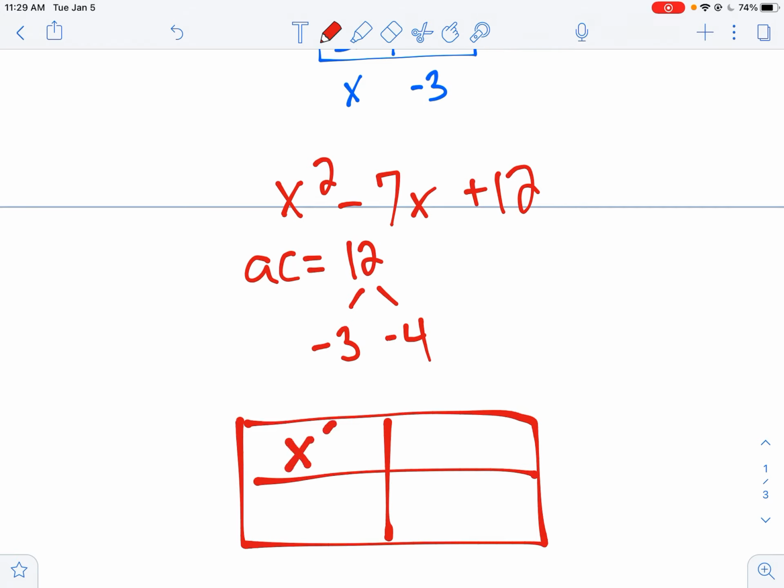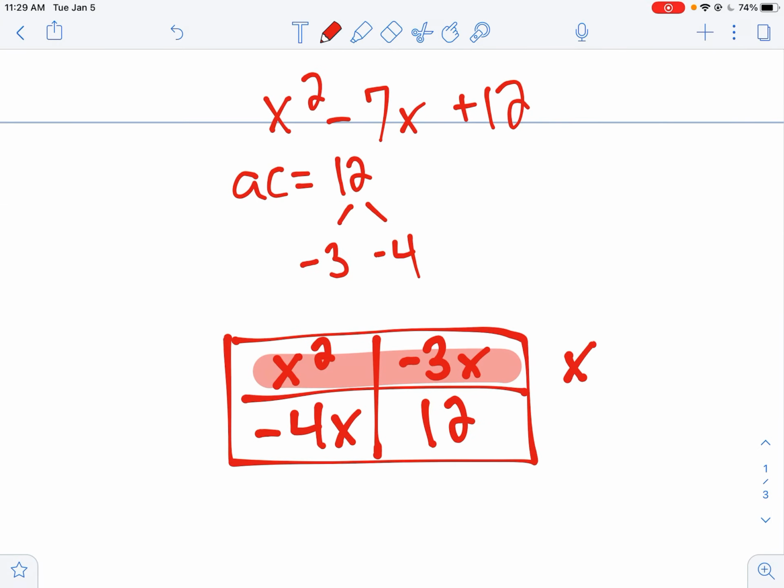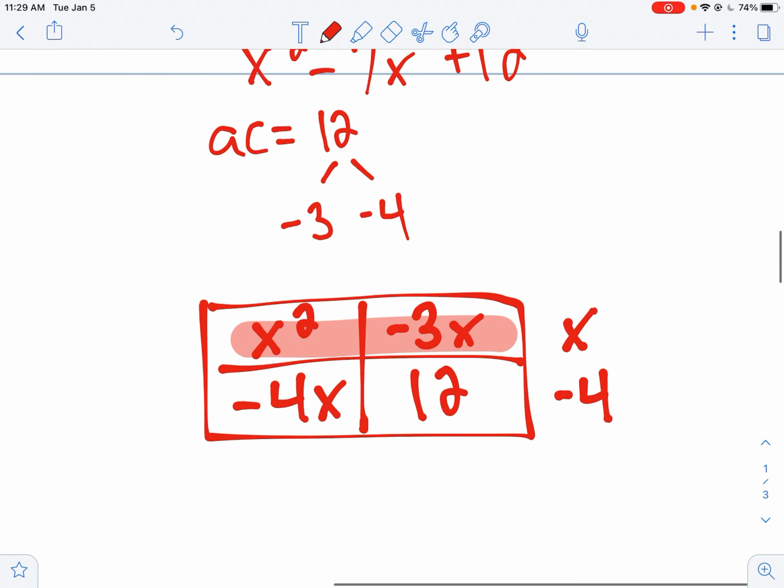So then I go with x squared. Now I'm going to go with negative 3x, negative 4x, and then positive 12. And then I just factor going horizontally and then vertically. So if I do x squared and negative 3x, common factor, x. Negative 4x and positive 12, common factor, negative 4. I'm going to go the other way now.